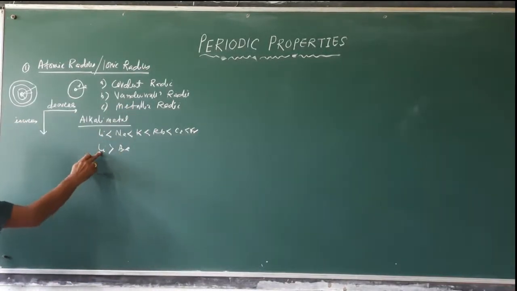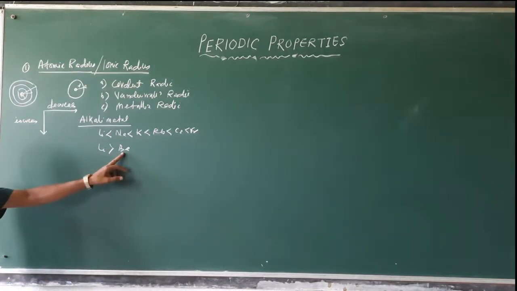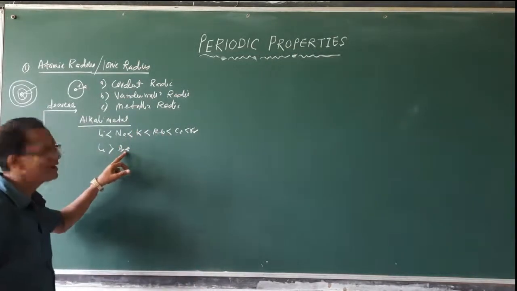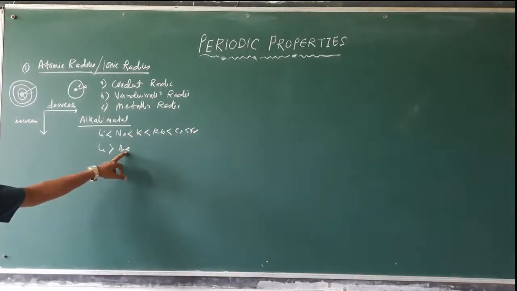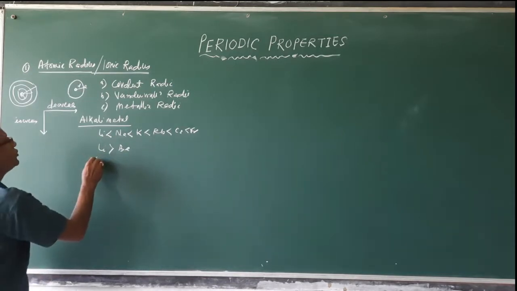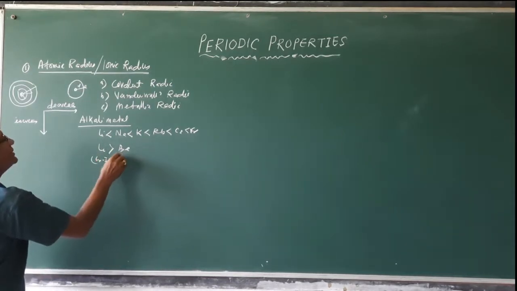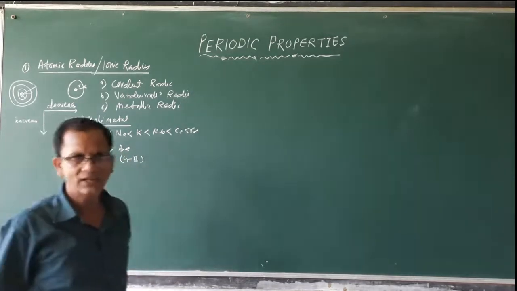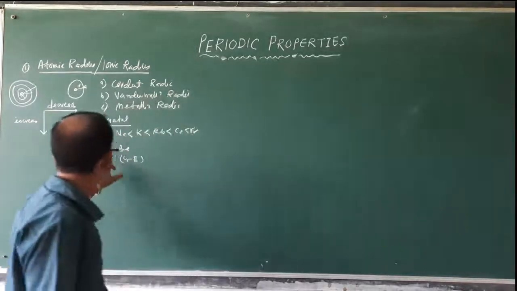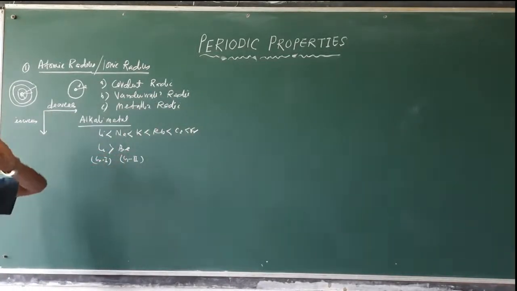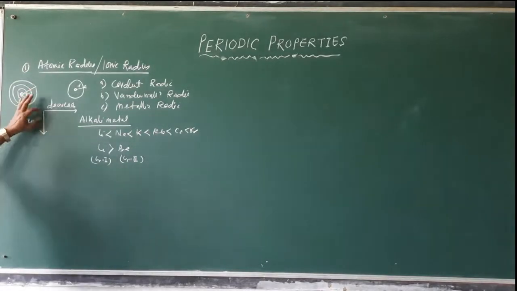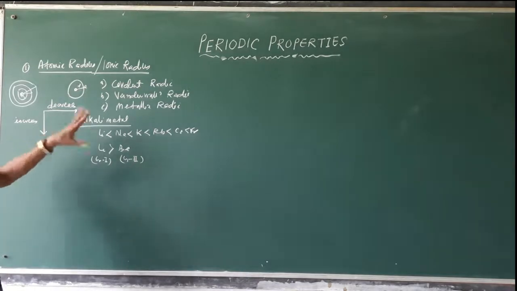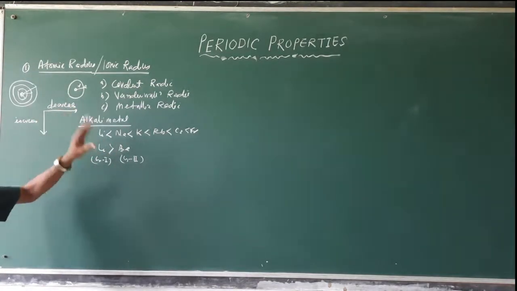So lithium is greater than beryllium. Alkali metals are greater in size than alkaline earth metals. This is group 1 and this is group 2, so group 1 is always greater in size than group 2. That's why lithium is larger than beryllium. Remember: along the group size increases and along the period size decreases. You can compare using this technique.